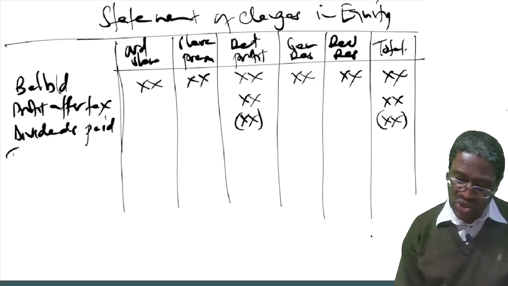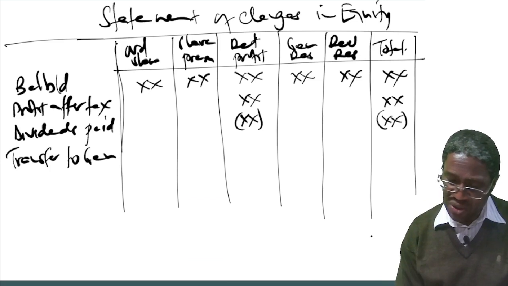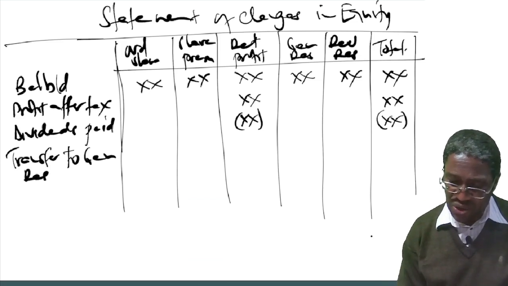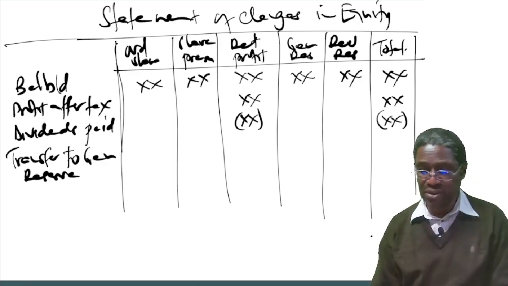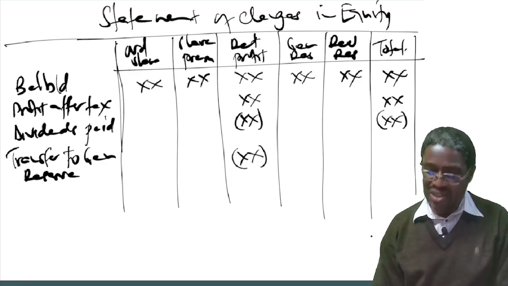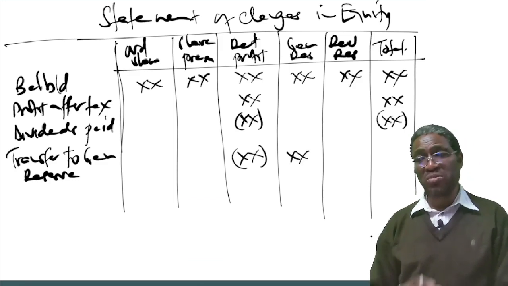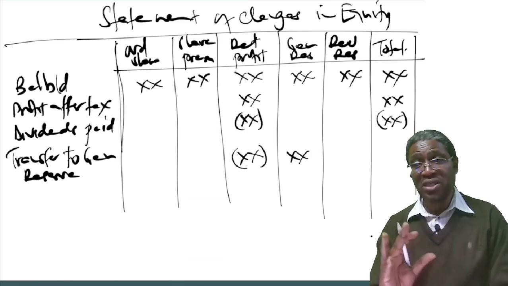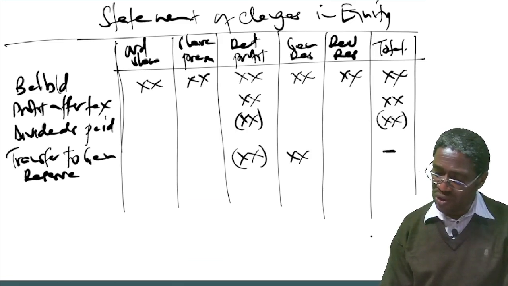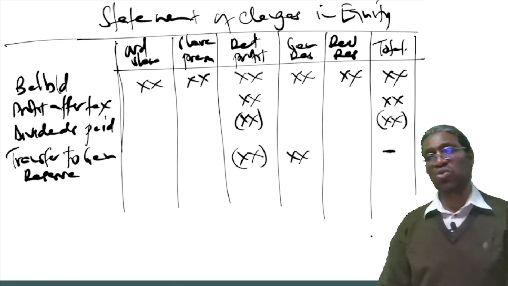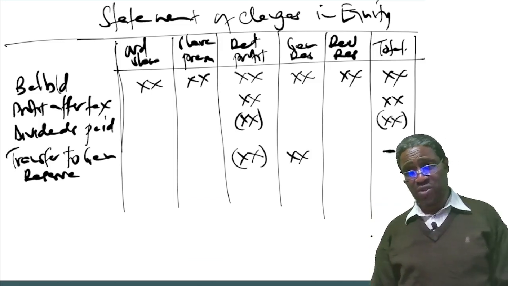So if there was a transfer to general reserve, you are removing the money from the retained profit, you minus, take it to the general reserve, you credit. So you are removing money from one form of equity, taking it to another form of equity. Obviously, that will not have any effect on the overall equity or the total equity, because you are removing money from one form of equity to another form of equity.